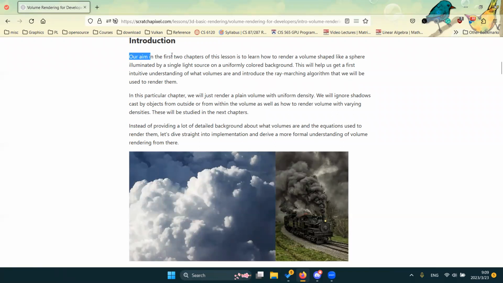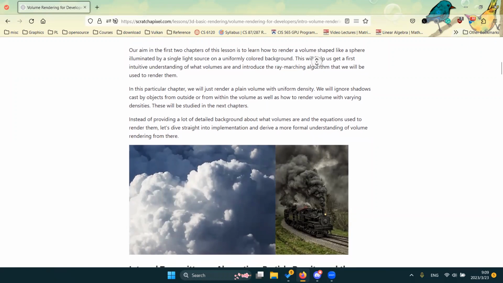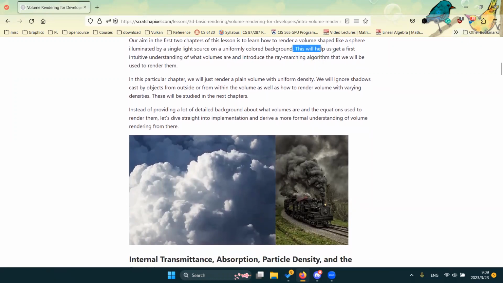Our first aim in the first two chapters is just to render a volume shaped like a sphere illuminated by a single light source on a uniformly colored background. That's very disappointing. Okay, this will help us get a first intuitive understanding of what volumes are and introduce the raymarching algorithm.